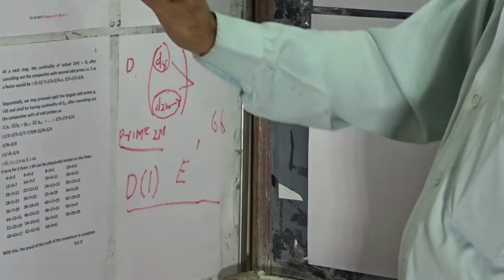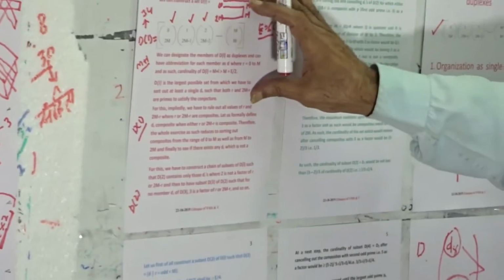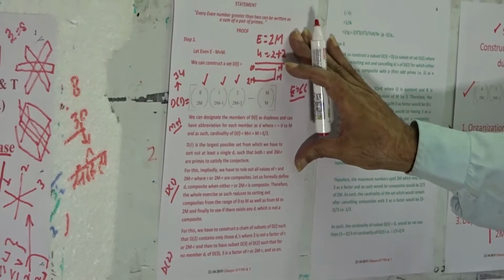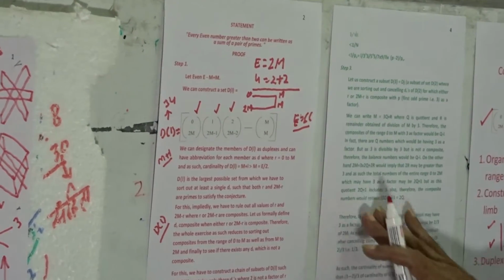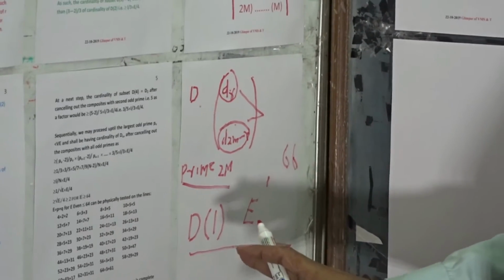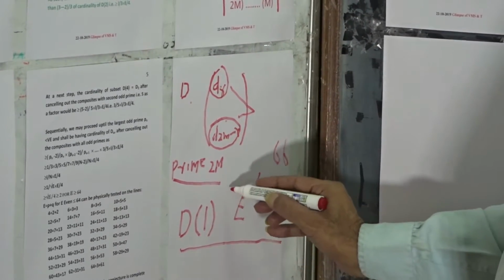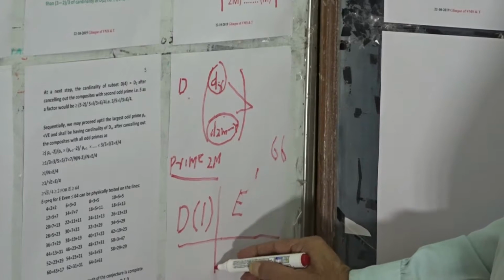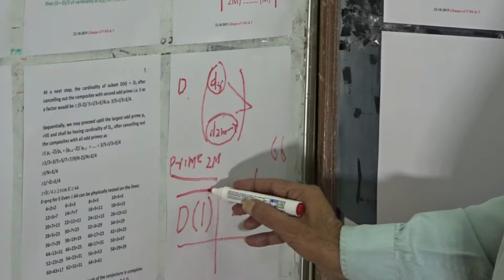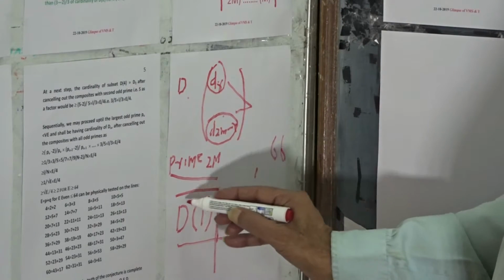So this statement of the conjecture leads us to the exercise for a choice to reach at one duplex of the set D1 which is a prime duplex.